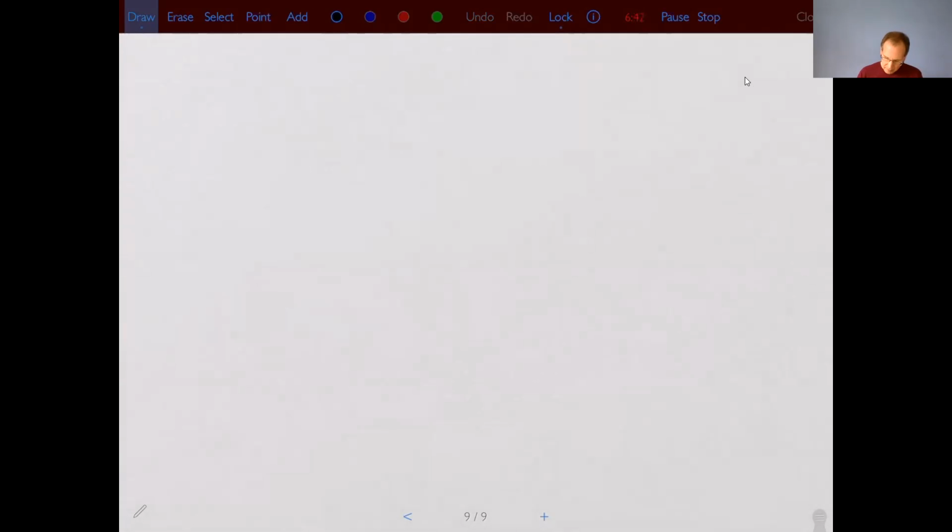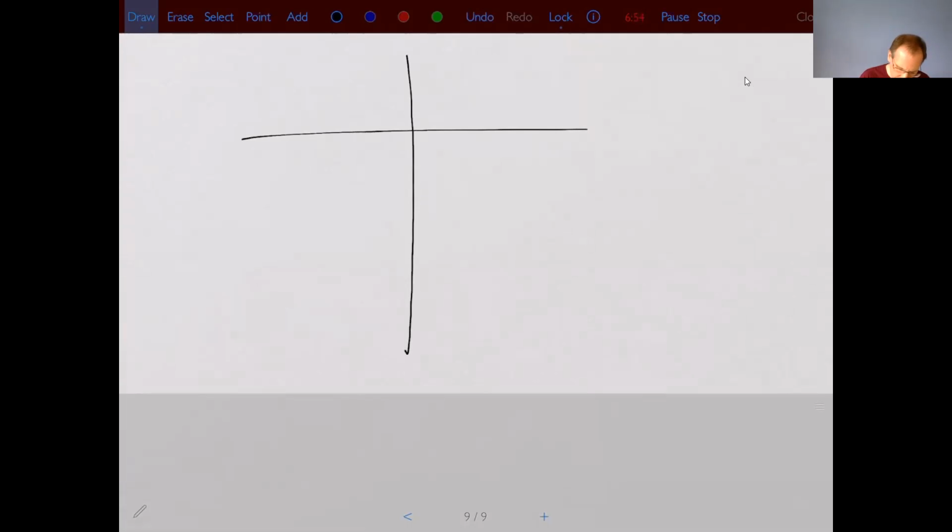Okay, so here's my Cartesian coordinate system. So this is x and this is h.